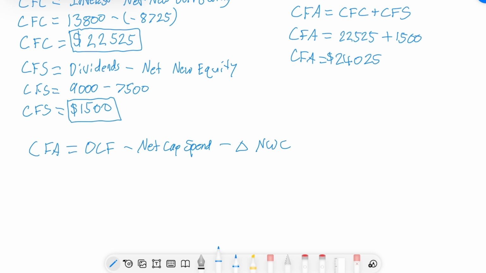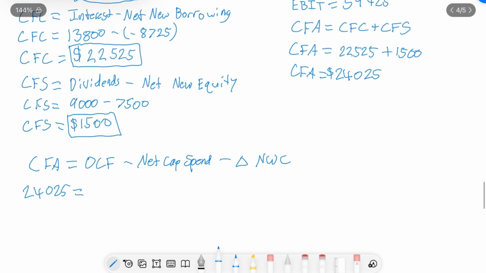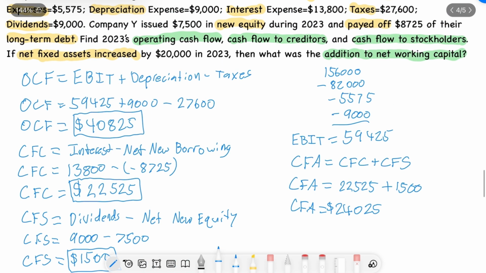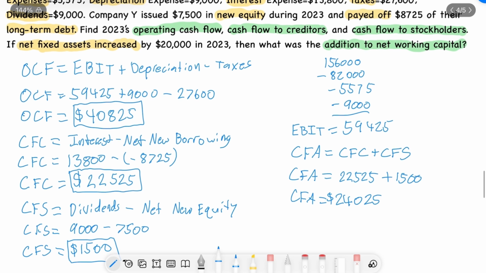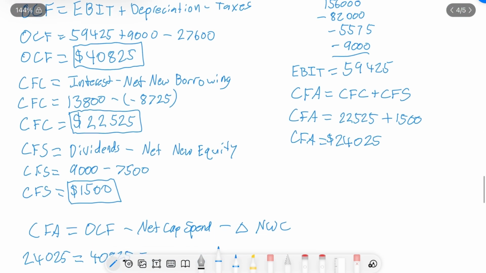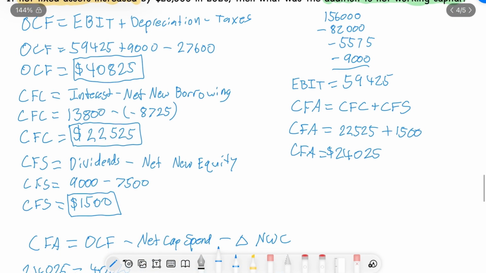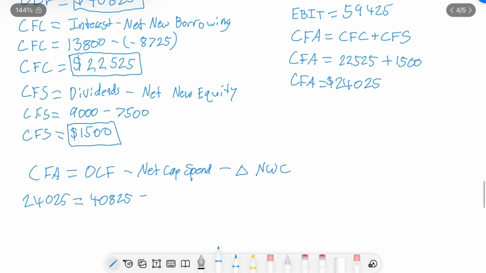So we've got our cash flow from assets, $24,025. We have our operating cash flow, which is $40,825. Our net capital spending is going to be our change in our net fixed assets plus our depreciation. So we've got $20,000 plus our $9,000 in depreciation.